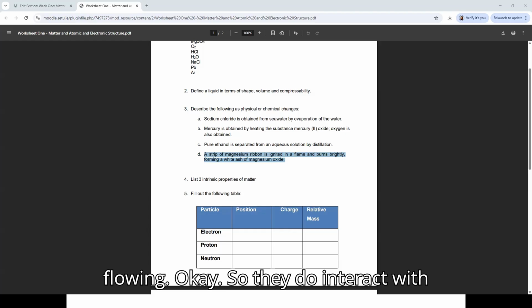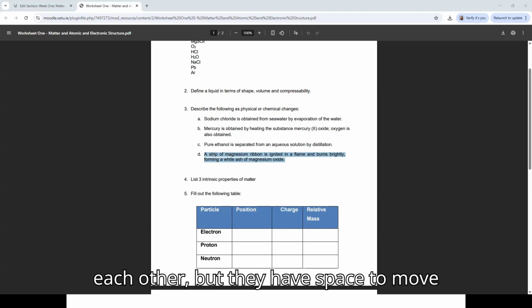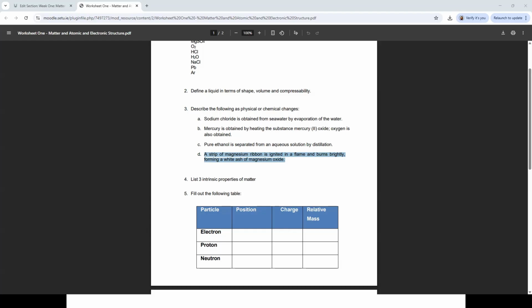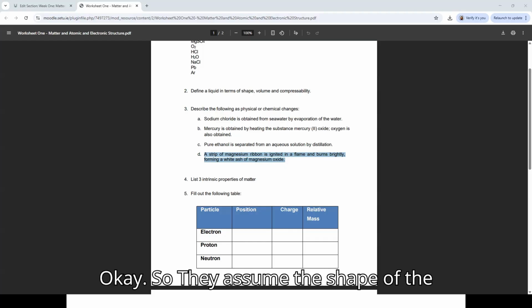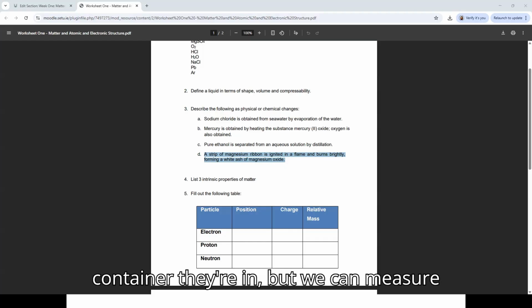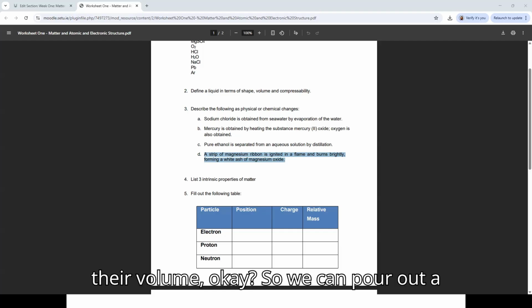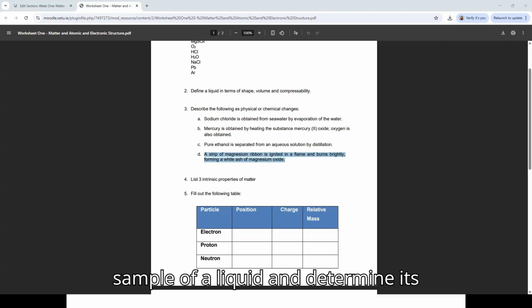They do interact with each other, but they have space to move around and flow against one another. Liquids do have a definitive volume. They assume the shape of the container they're in, but we can measure their volume. We can pour out a sample of a liquid and determine its volume based on graduated gravimetric.